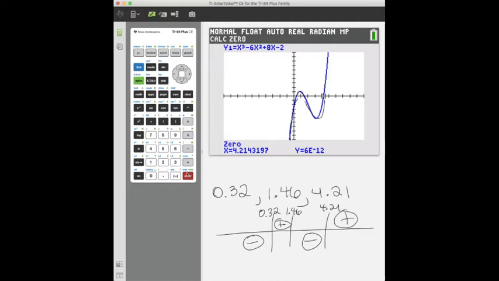This is what the graph looks like. It's negative, goes positive, goes negative, goes positive. That's just looking at the y values. Now we call this a sign chart, and we'll see in the next example why that's helpful. As opposed to having to graph it on a calculator every time, sign charts can save you a little bit of that computational work. So let's look back at our screen.